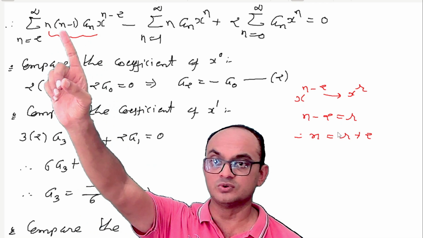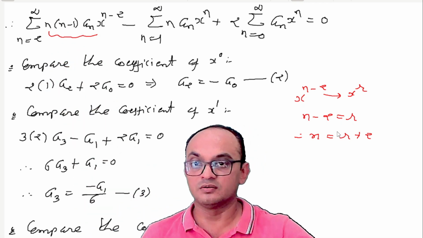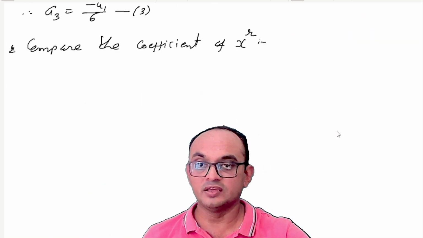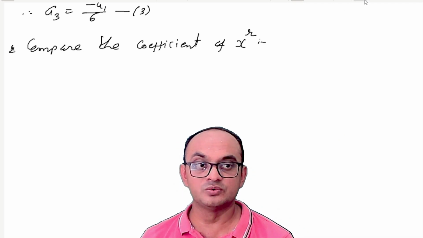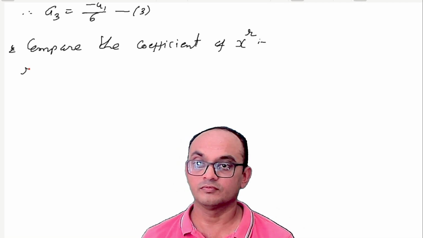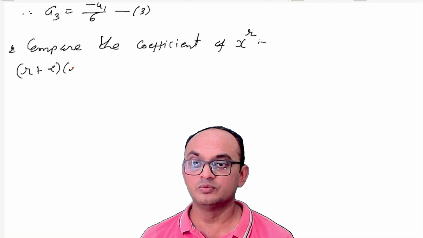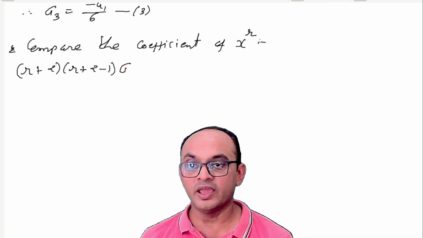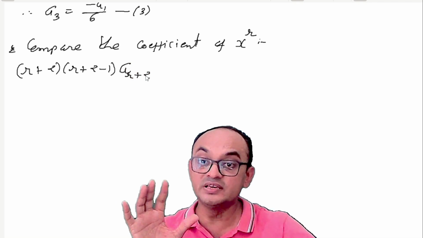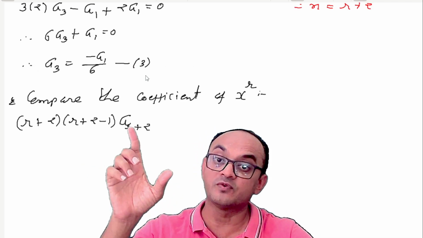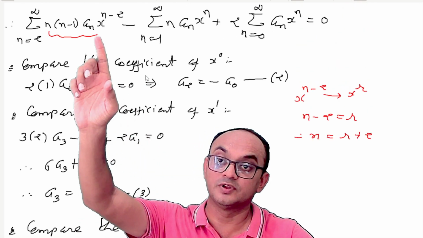So this is r plus 2 minus 1, I am writing everything, into a_n, where n is r plus 2, so a_(r+2). This is the coefficient of x raised to r from the first term.